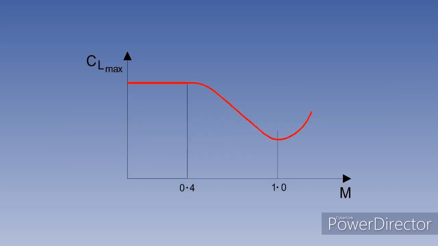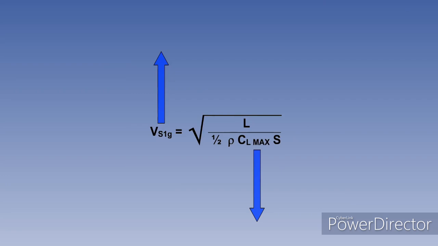The change in streamline pattern accentuates the adverse pressure gradient near the leading edge, and flow separation occurs at a lower angle of attack. Above Mach 0.4, CL max decreases, as shown in the diagram on screen. According to the 1G stall formula, a drop in CL max will increase the stalling speed.